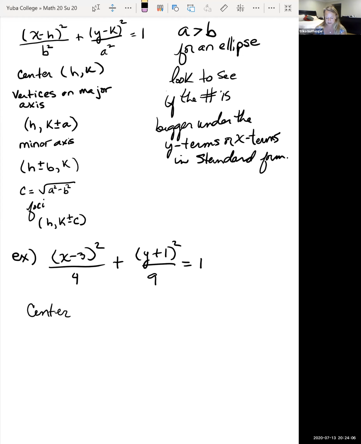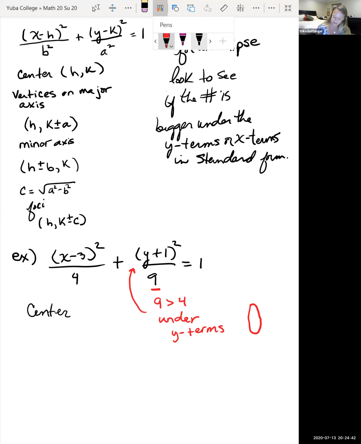Once I determine the center, I also want to determine which way my ellipse faces. Is it elongated with the x-axis or the y-axis? So again, to determine that, look for the largest value, and 9 is bigger than 4. 9 is underneath my y terms, so that tells me that it's elongated with the y-axis.